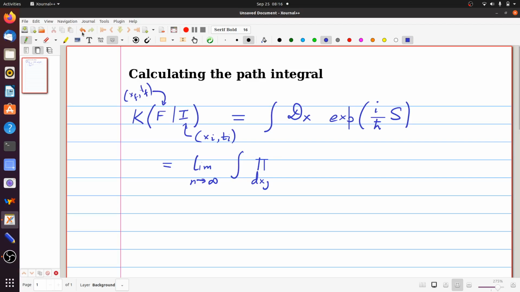I put the index in the wrong place, integral from j equals 1 to n, so there are n position integrals in all here.